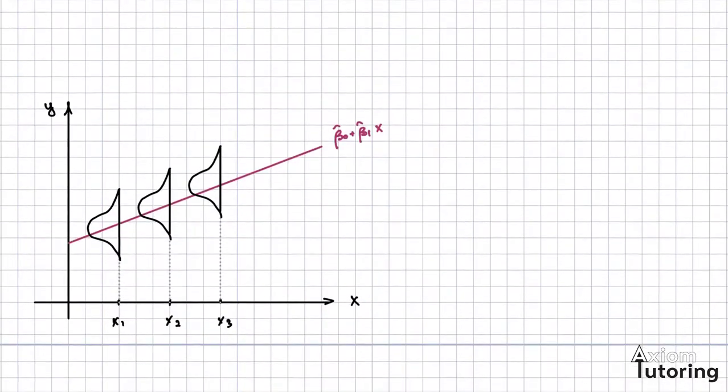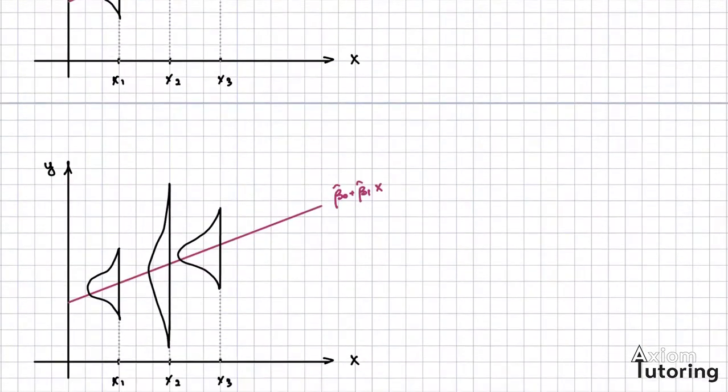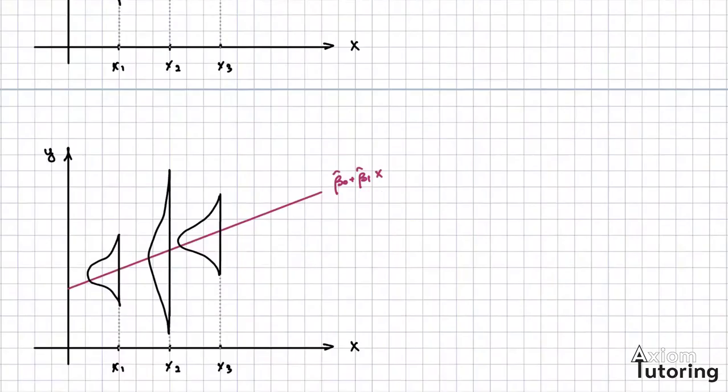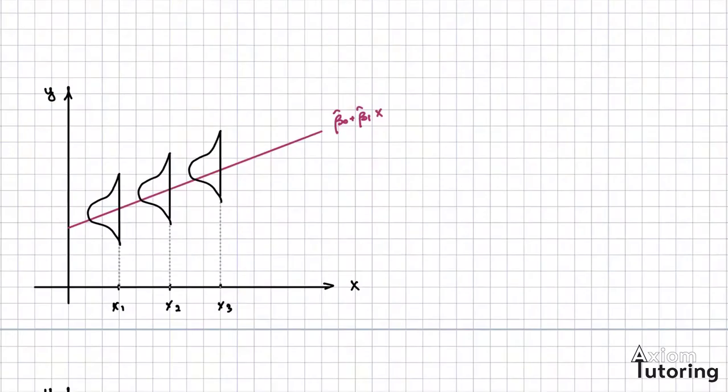This is the first graph. Try to pinpoint by yourself all of the elements that you see. And just for comparison and reference, have a look at the second graph as well. So you're given the relationship between x and y.